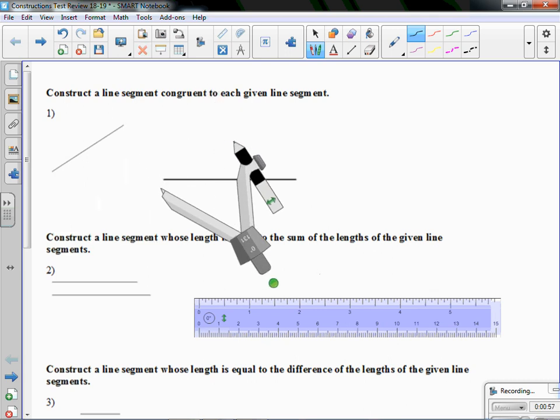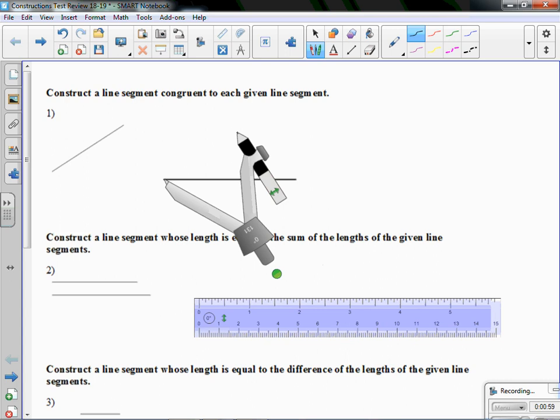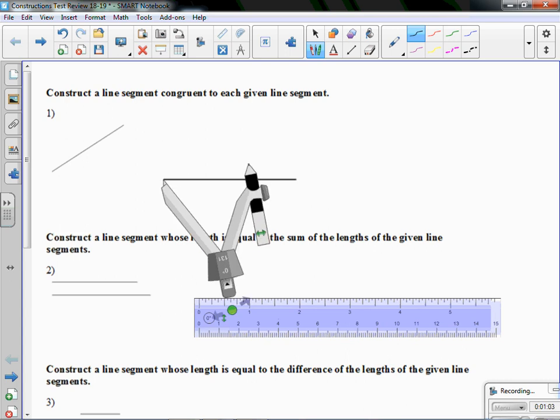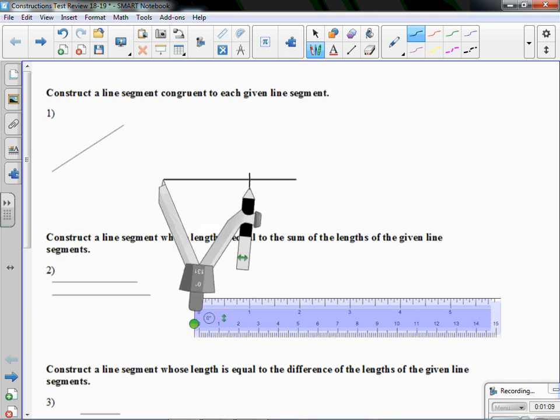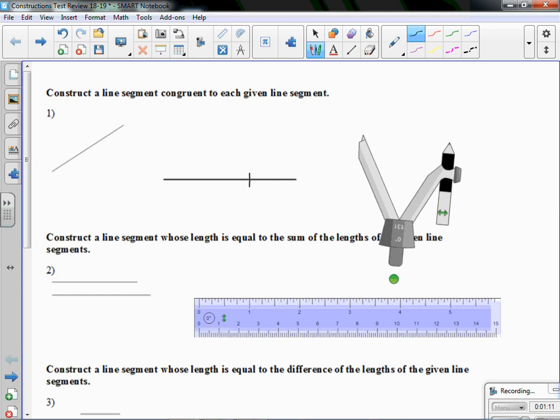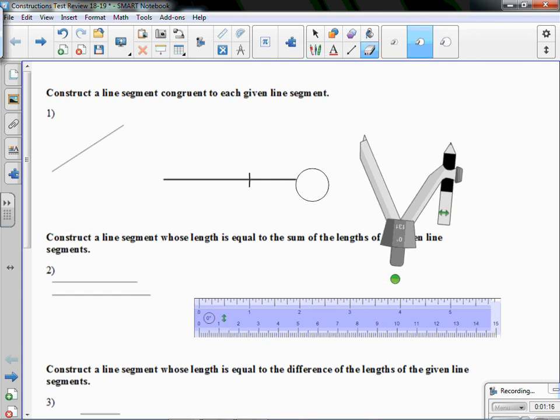And then take our compass over here to the line segment and put the point of our compass on the endpoint and mark off that distance with our compass. And then at that point we can erase the part that goes past the mark off. So there will be a copy of our segment.